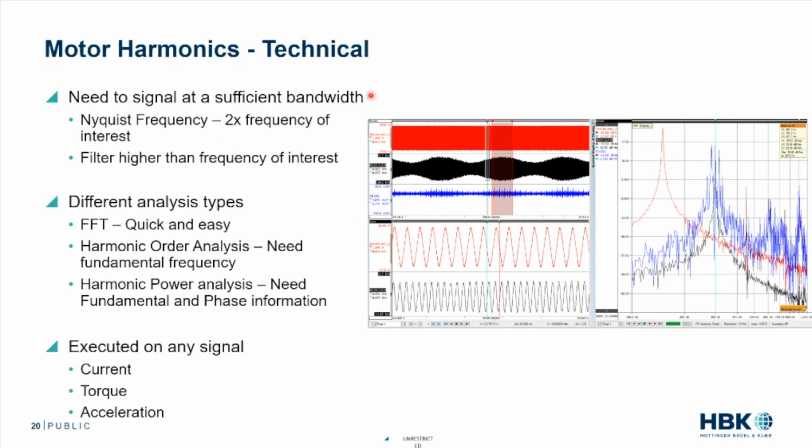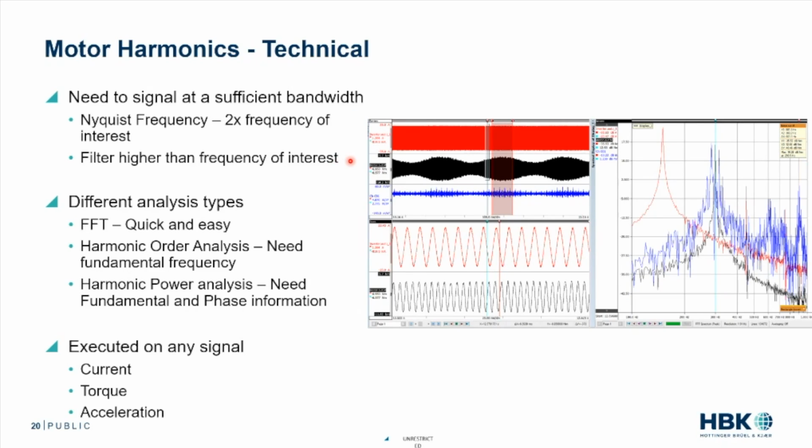We need to measure the signal at a sufficient bandwidth. Everybody always quotes the Nyquist frequency, which is 2 times the frequency of interest. But if we really look at the details of measurement, we need to look at the filters of our measurement system, and we need to look at what the sampling rate is. We need to filter higher than the frequency of interest.